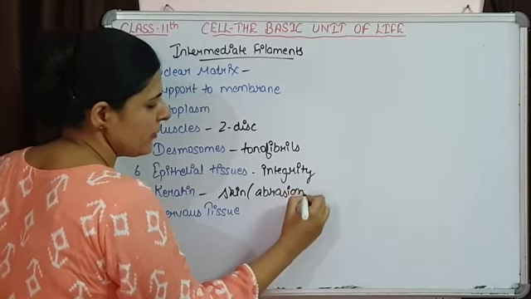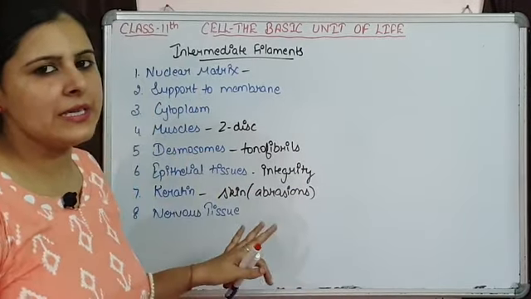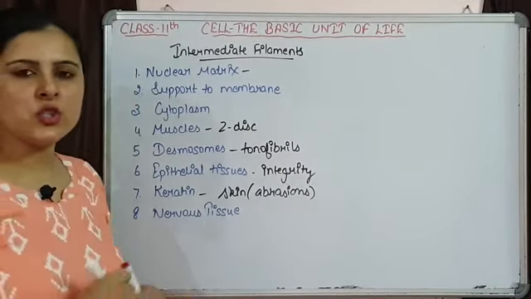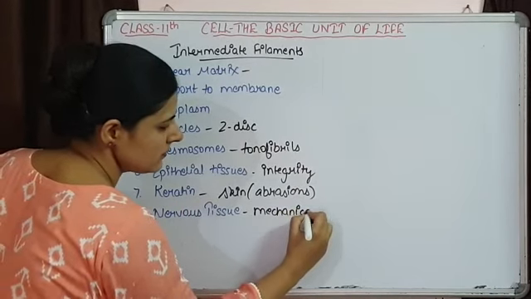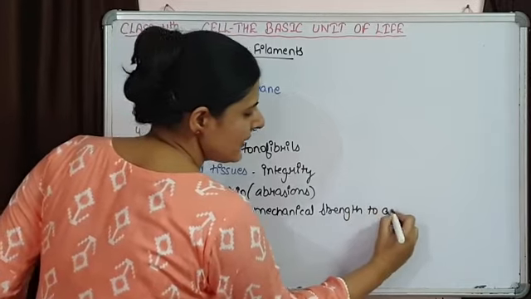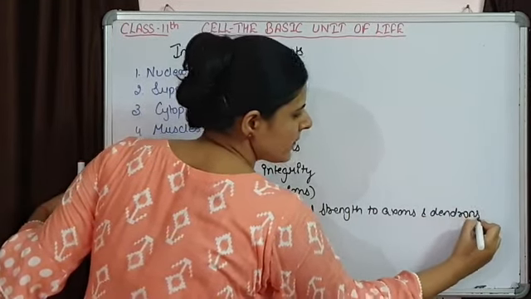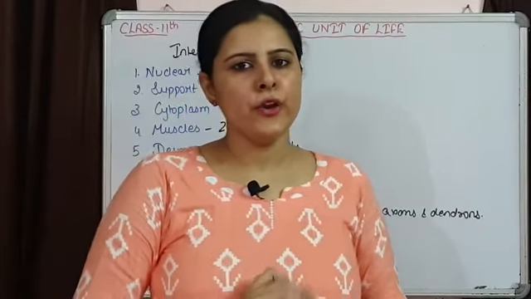So any type of injury or any type of cut is being prevented by this keratin that is deposited in our skin. Then in nervous tissue also they are providing mechanical strength to axons and dendrons. So these are some of the functions of intermediate filaments.